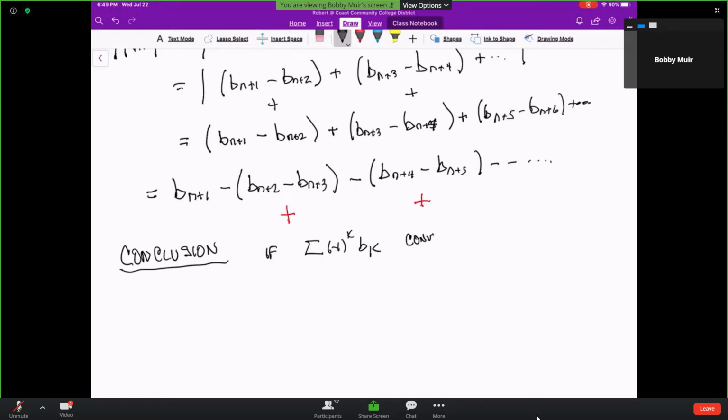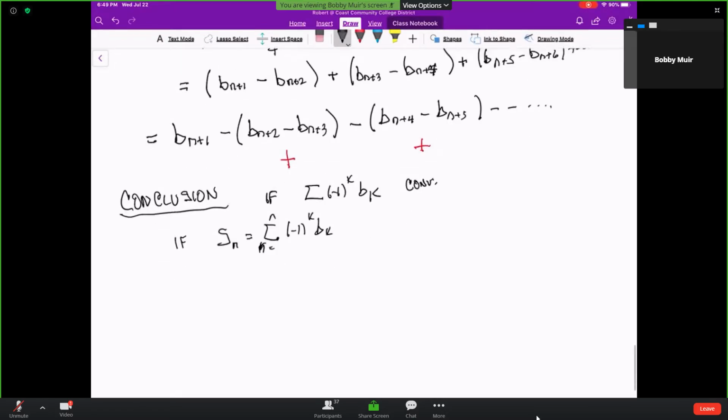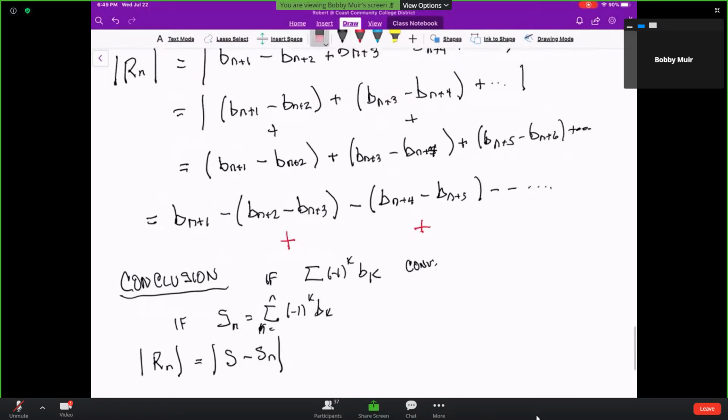converges, and if Sn is the estimate we're going to use, the sum up to n of -1 to the k b sub k, then the magnitude of Rn, which is the error in the approximation here, according to what we just concluded, is this number minus a positive.